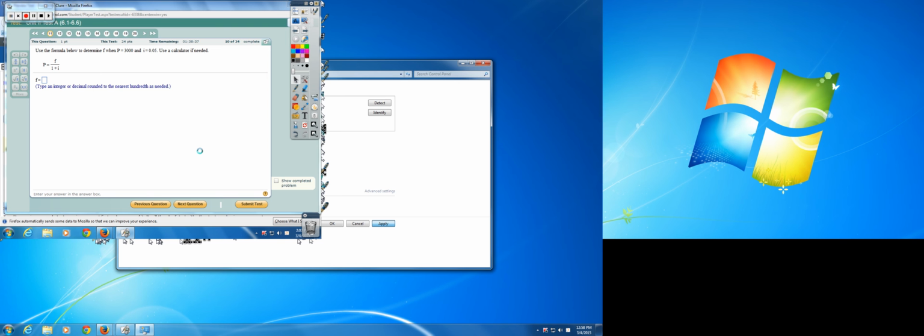So you got to multiply both sides by 1 plus I. You can do it before or after, it doesn't matter, but you're going to have to solve for F no matter what. I'll set it up both ways.